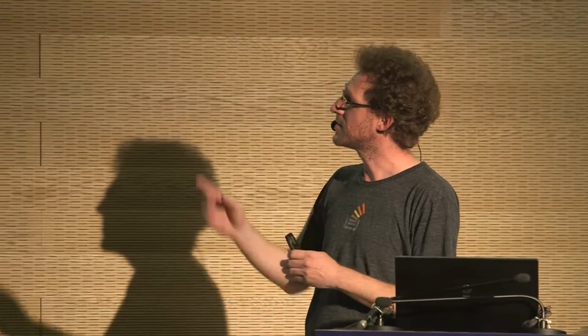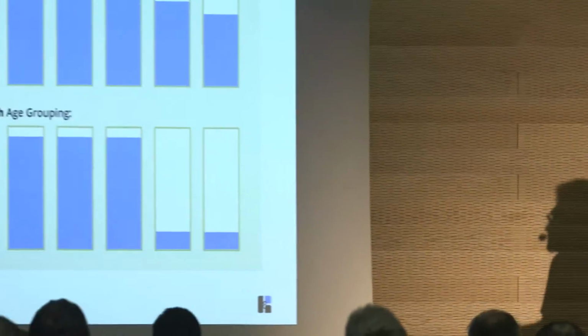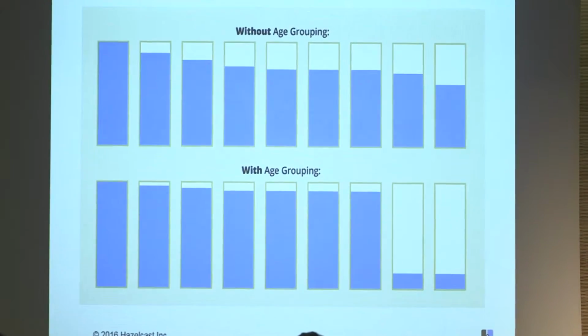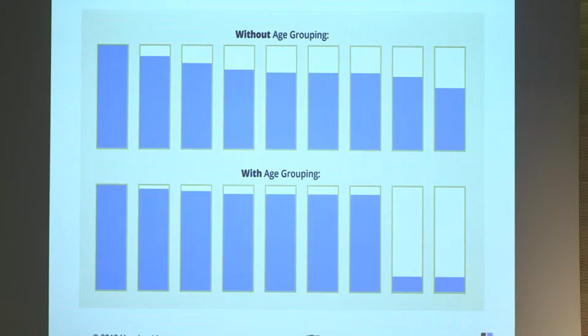So these are like the high-level features of our algorithm. This slide explains the part with generational garbage collection, what do we achieve and how we achieve it.